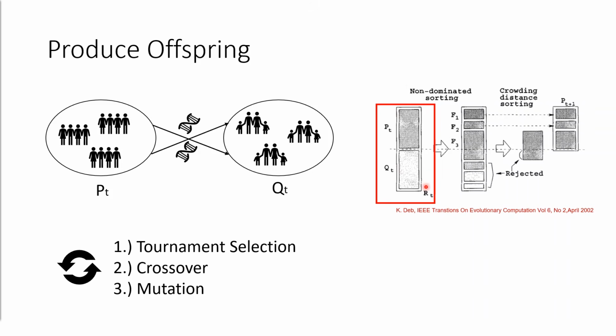At first, different members of the population are compared in a tournament selection, and the stronger one is picked to reproduce with another strong selected one. This leads to a crossover in their DNA, and finally random mutation can occur. Let's take a closer look at these 3 parts that are mentioned.